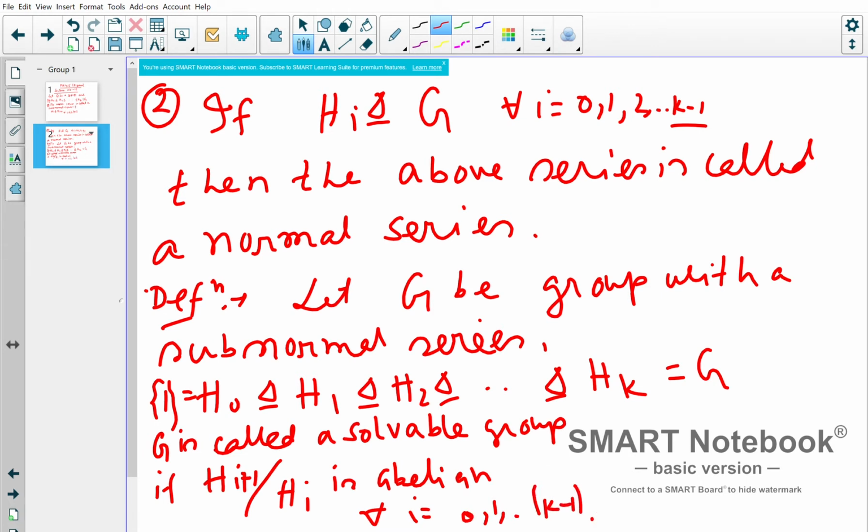Then the group is called a solvable group, and this series is called a solvable series.